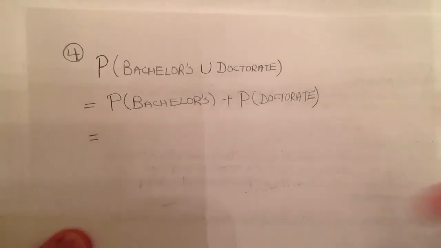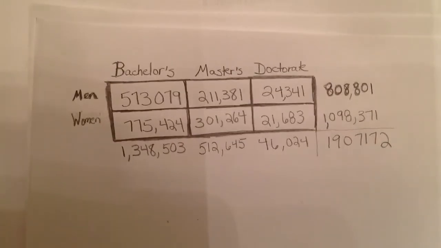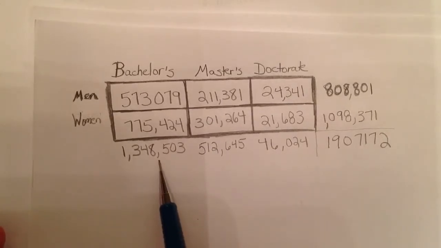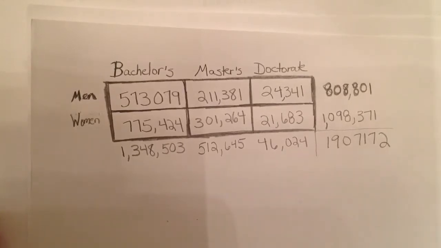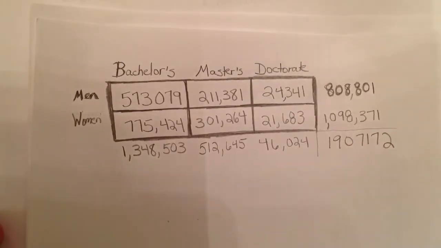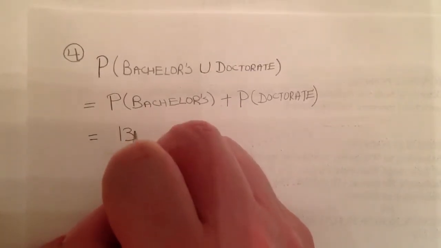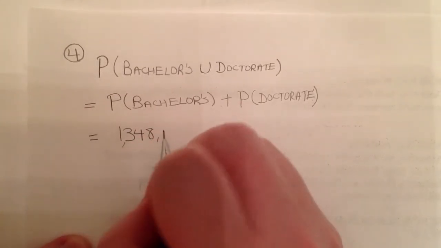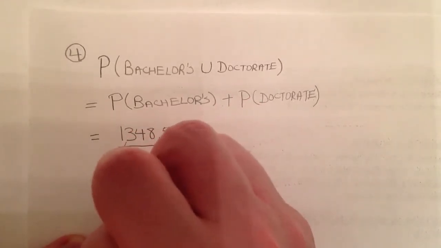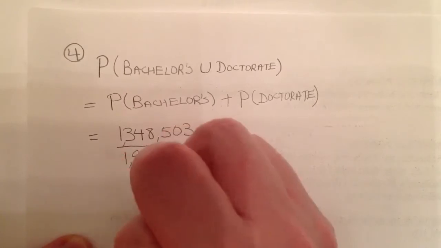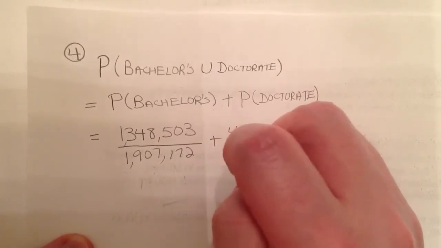And so for the probability of the bachelor's, this is not gender specific, just degree specific. For the bachelor's, we have 1,348,503. And the doctorate recipients, we have 46,024 in total. Taking the numbers and adding together, the bachelor's out of 1,907,172, and the doctorates, 46,024.